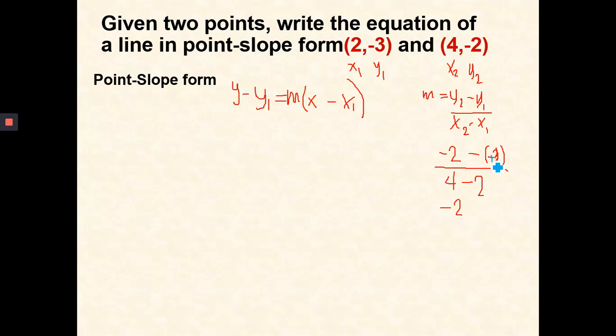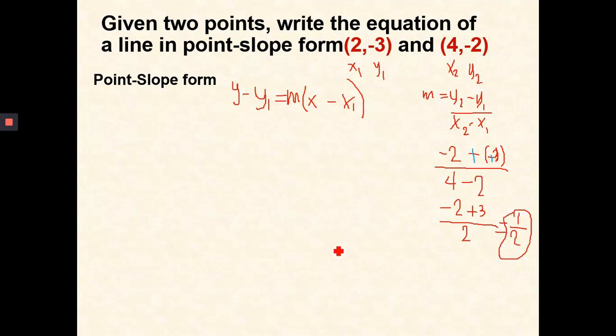This will become positive and this will become addition. So you now have positive 3. Then 4 minus 2, that is 2, is equal to negative 2 plus 3, that is positive 1, all over 2. This is now your slope.